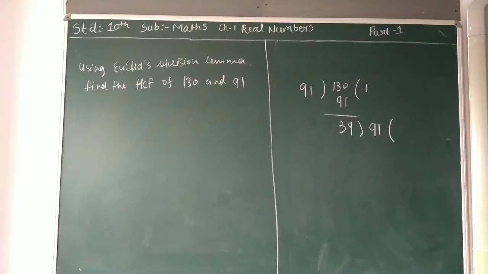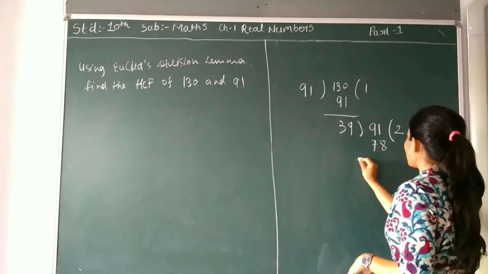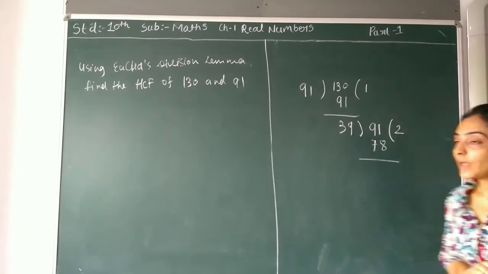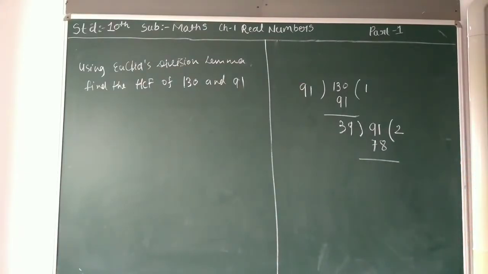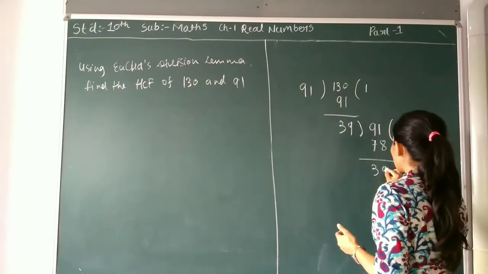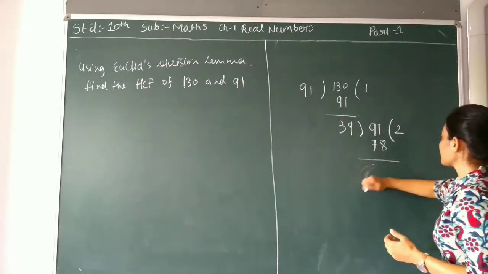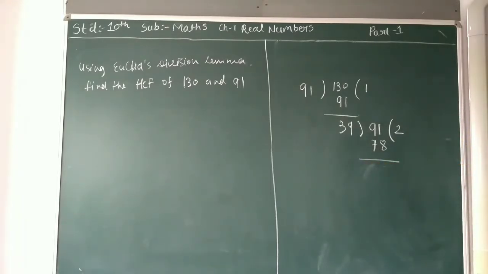Now again we have to divide. So now we can divide this step with 2 and get 78. Now subtract this. I'm getting 13 over here.